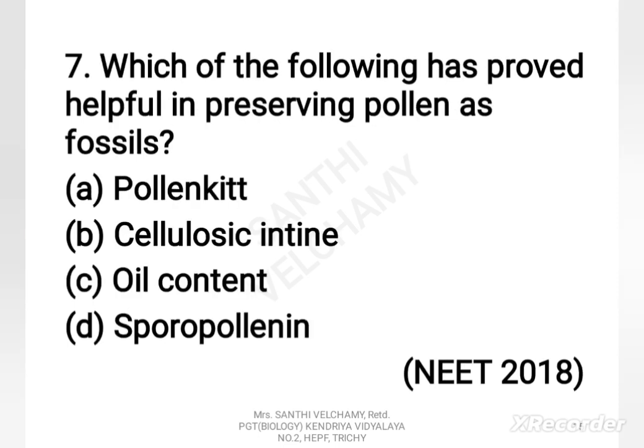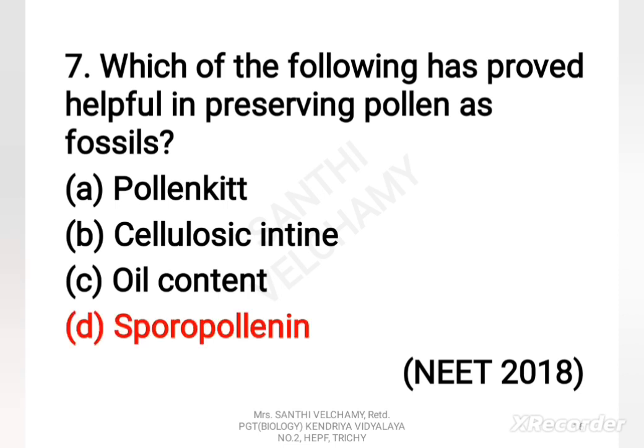Now next question. Which of the following has proved helpful in preserving pollen as fossils? A. Pollenkitt. B. Cellulosic intine. C. Oil content. D. Sporopollenin. The correct answer is D, sporopollenin.